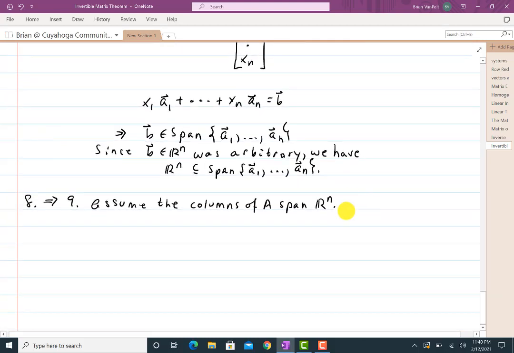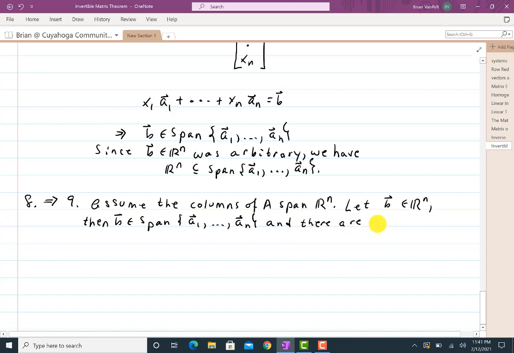So let B be in Rn, then B is in the span of those columns of A, and we can write that there are x1 up to xn in R with x1 a1 plus dot dot dot plus xn an equals B.